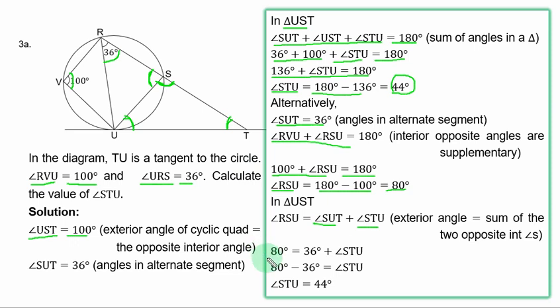So you have 80 degrees equal to 36 degrees plus angle STU. If you transfer 36 degrees to the left hand side, you have 80 degrees minus 36 degrees equal to angle STU, and angle STU is equal to 44 degrees. Whichever way you choose to take, you get the same result.